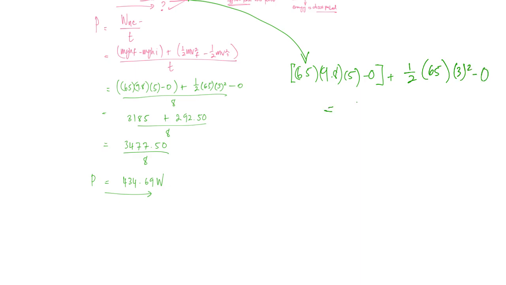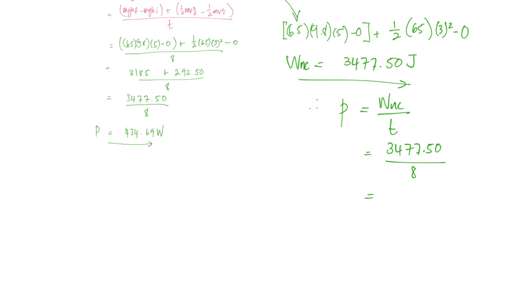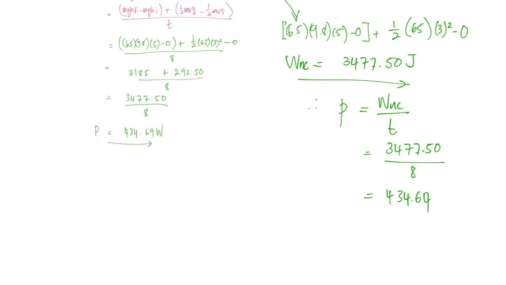I would have then had 3477.50 joules of work non-conservative, and therefore P is equal to work non-conservative over time, which was 3477.50 all over 8, and that gives me 434.69 watts, and there's my final answer.